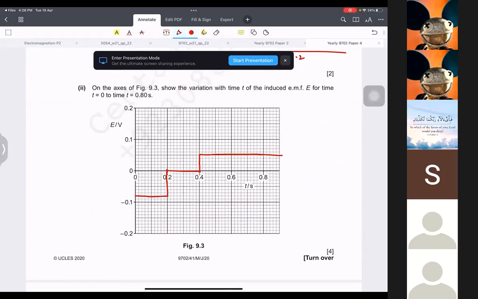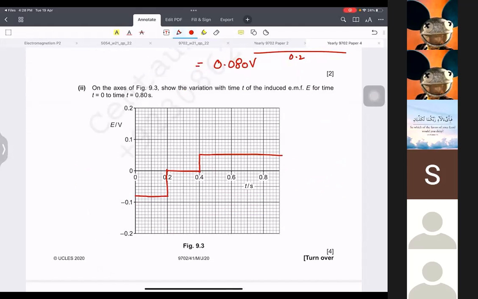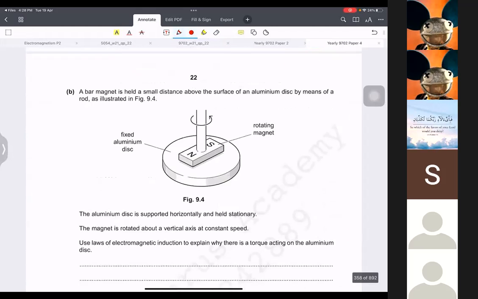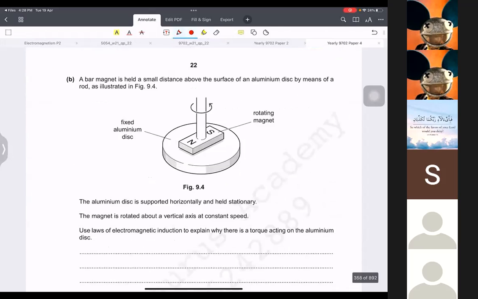All right. Now, going to the next one. It says aluminum disc is supported horizontally, held stationary magnets rotated about. Use law of electromagnetic induction to explain why there is a torque acting on aluminum. Okay, this is pretty simple, right?